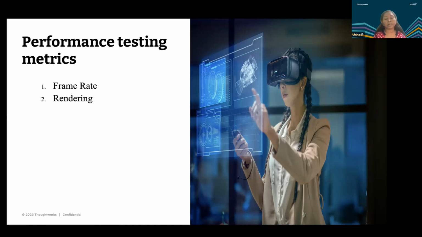Rendering. Rendering plays a major role when we go for AR, VR and XR experiences. In those, we have left and right eye, with separate lenses. Those should render in sync.